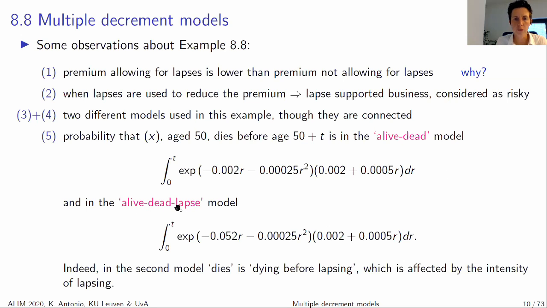If you look at the alive-dead-lapse model, then we're going to use a different combined force of decrement, taking into account the lapsing as well as the transition intensity into the dead state. So that's what we discussed in the example, that you've got a different setting over here.